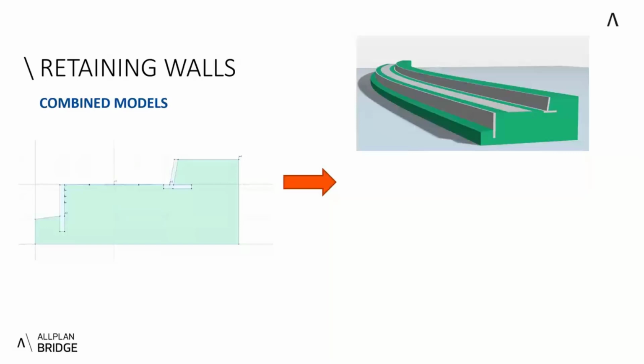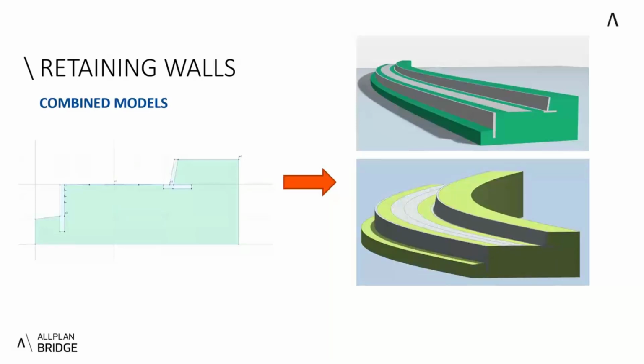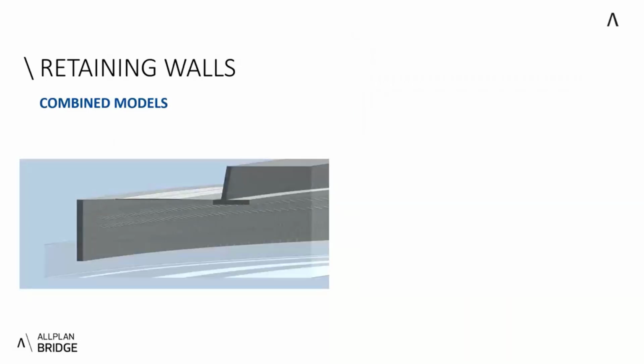Now this is a bit bigger model that I have extruded through the whole axis, and we see this representation in Allplan Bridge. Then the visualized representation in Allplan Engineering. And of course, with applied transparency, we can also see all these anchors that have been applied to the anchored wall.